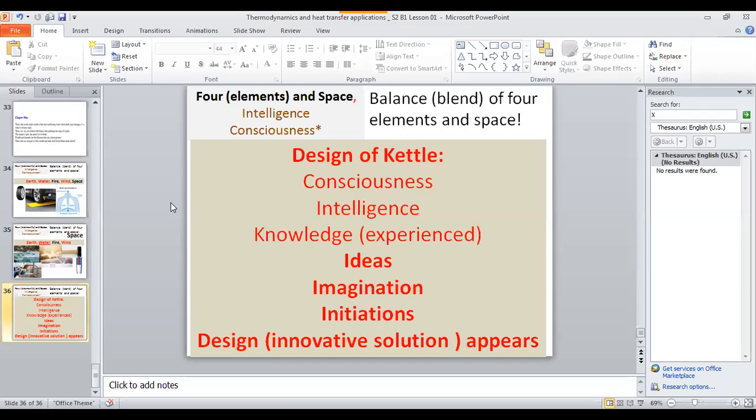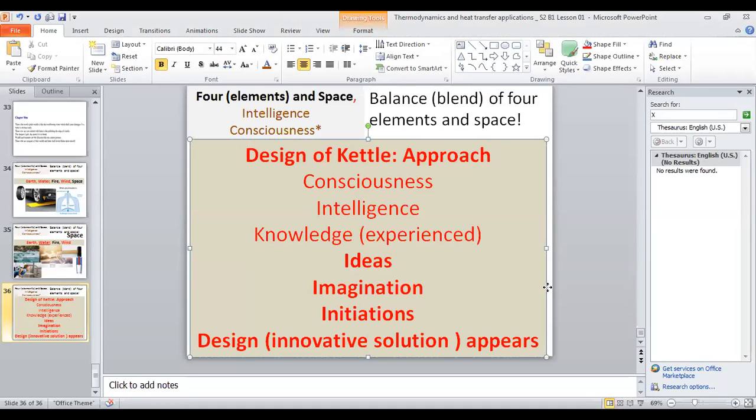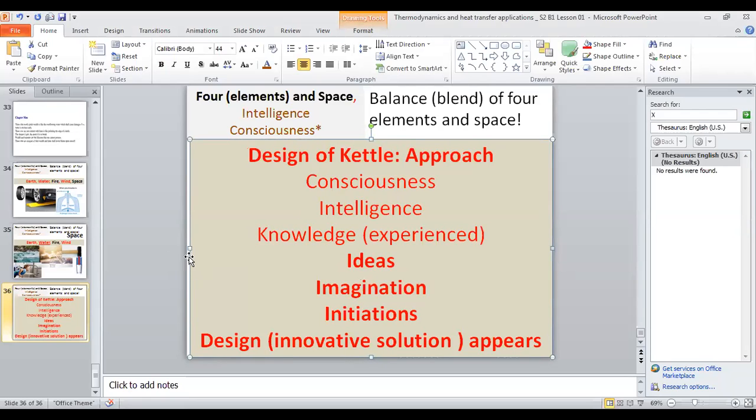No. Design. There should be an approach. That's why, as technology students, you have to know solidly what you are doing and what you should do.